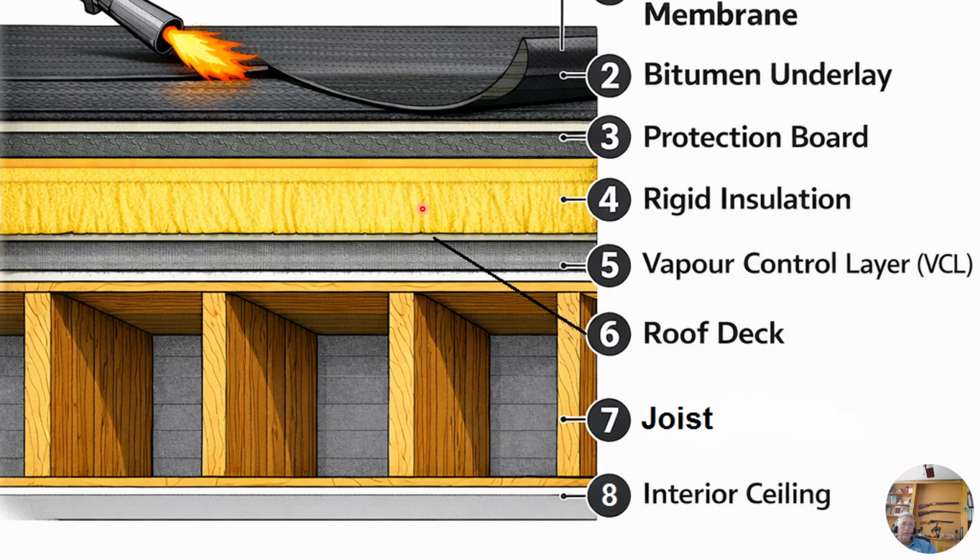It's on top of the sheathing in this case. Then you have a vapor control layer, the roof deck, and the joists. We have wooden joists in this case, but a lot of times they'll be metal. And then there's an interior ceiling. So that's generally the makeup of a flat roof. There's some differences here and there in different styles, but that's basically it.